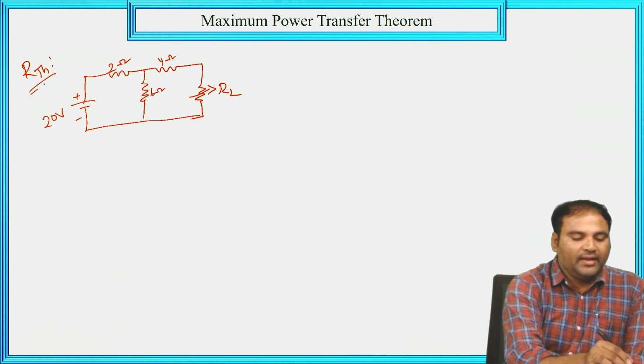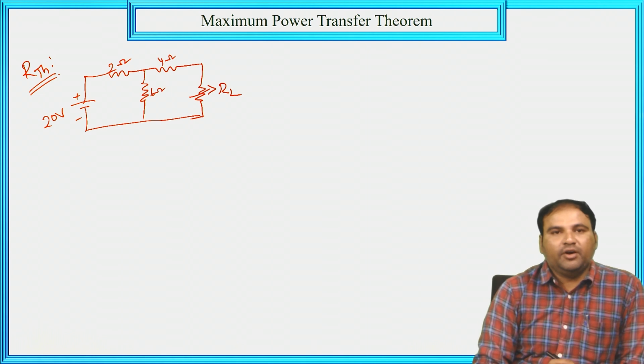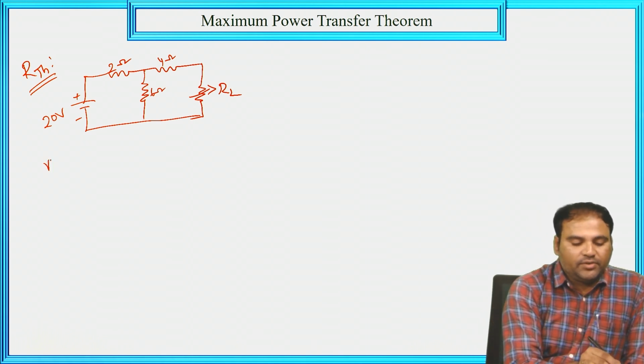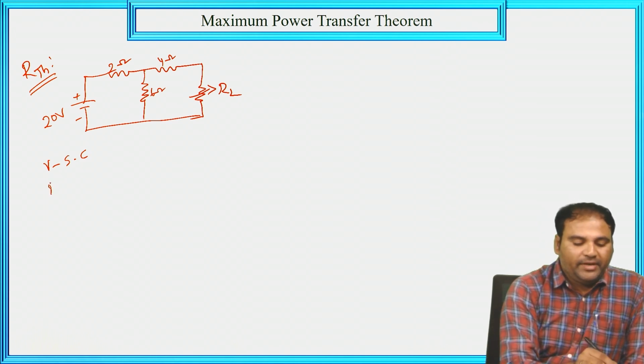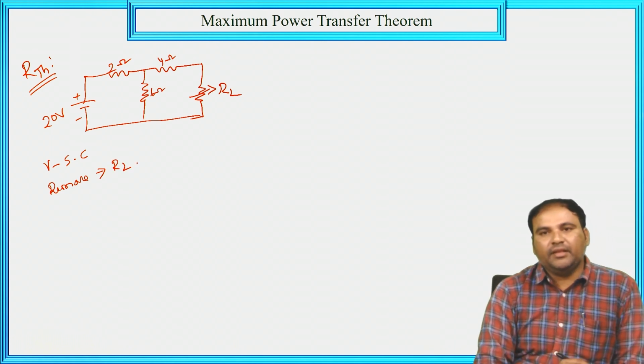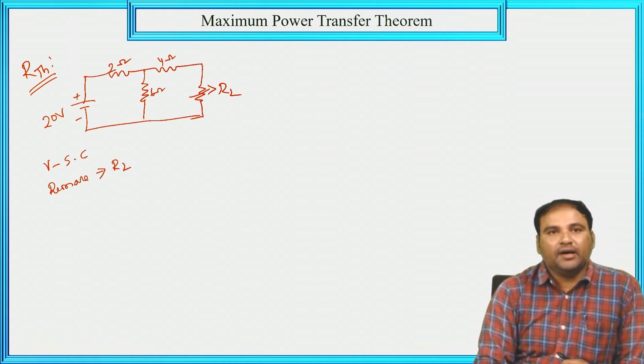So how can we calculate the RTH? We have to short circuit the voltage source, and here we need to remove RL. Then we can find out the RTH value.